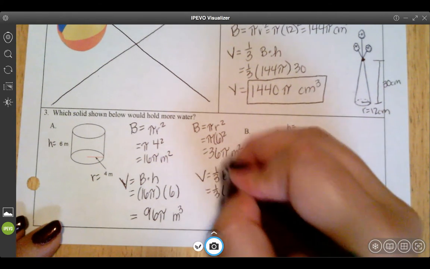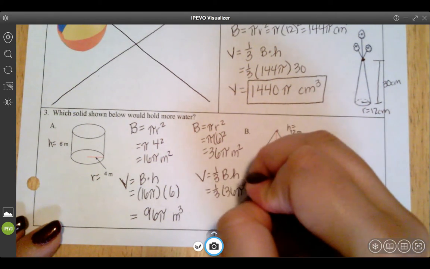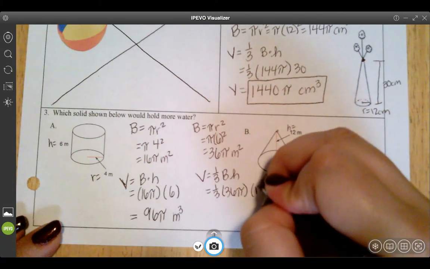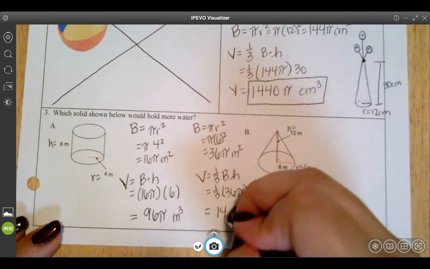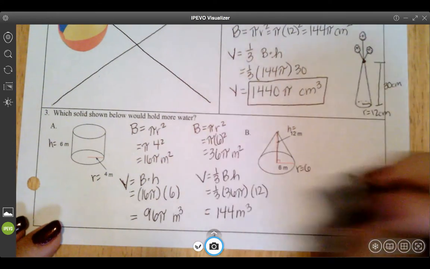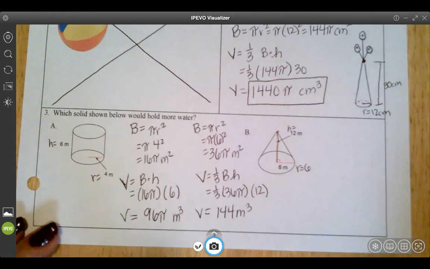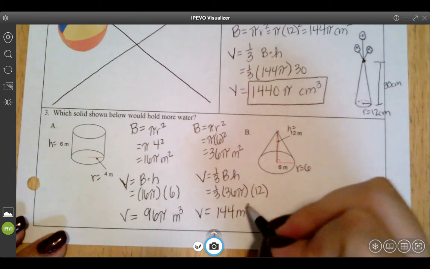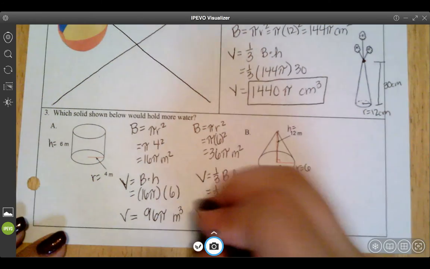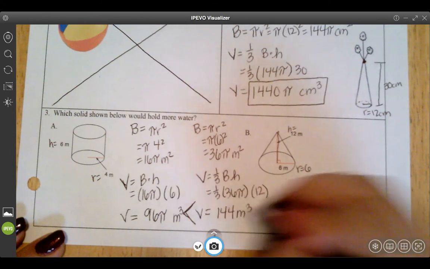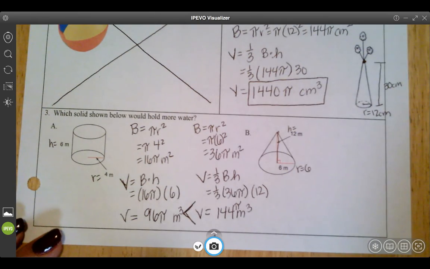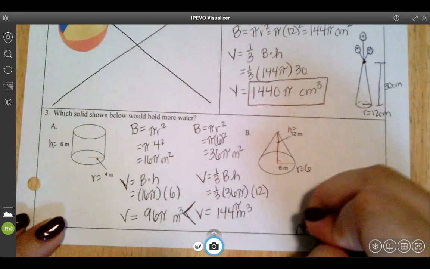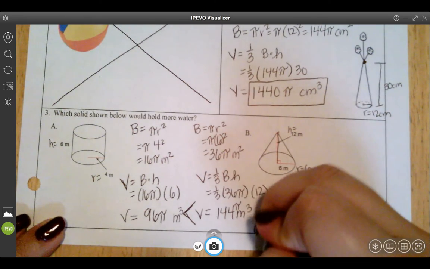That's 1/3 times our base of 36 pi times our height of 12 meters, because it drops straight down. And so if we put that into the calculator, we will find 144 pi cubic meters. And that gives us that the cone has a bigger volume. 144 pi is bigger than 96 pi. So the cone is bigger than the cylinder.